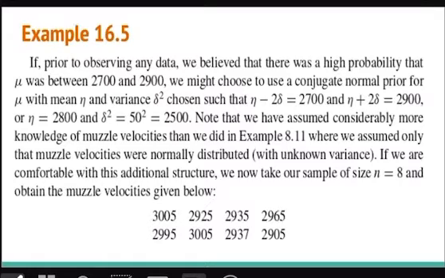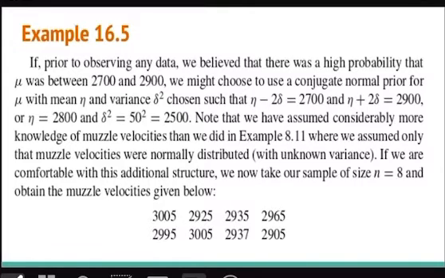If prior to observing any data we believe there was a high probability that mu was between 2007 and 2009, we might choose to use a conjugate normal prior for mu with that mean and variance delta squared. That is going to be the prior.